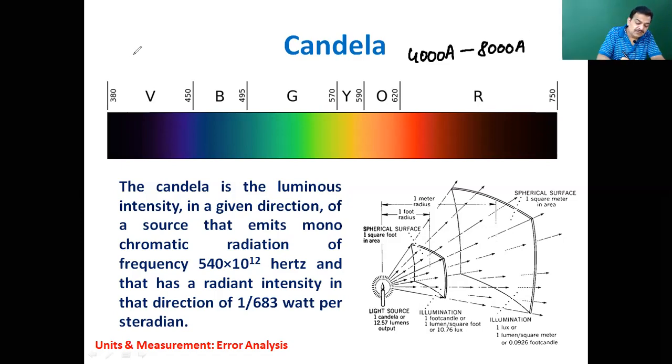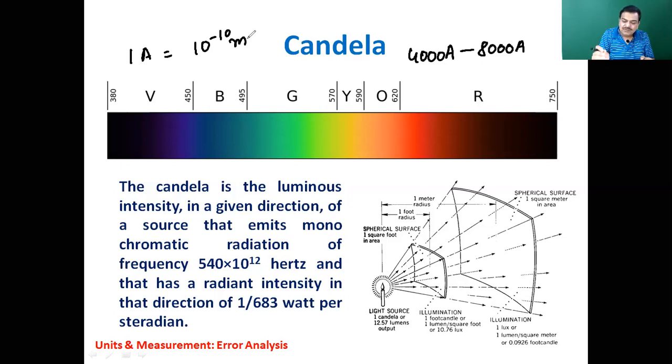What does 1 angstrom mean? That is 10 to the power minus 10 meters. It means it is 10 lakh times smaller than 1 millimeter. In 1 millimeter distance, you make 10 lakh divisions; that is equal to 1 angstrom.